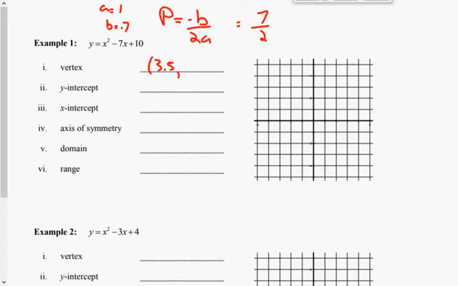And now to find the q value, I take the 3.5 and I just plug it in for x. And you just use your calculator. You can probably punch it all in one step.